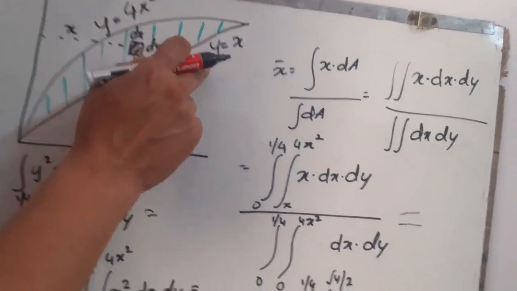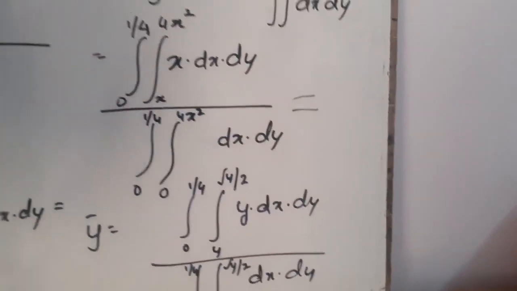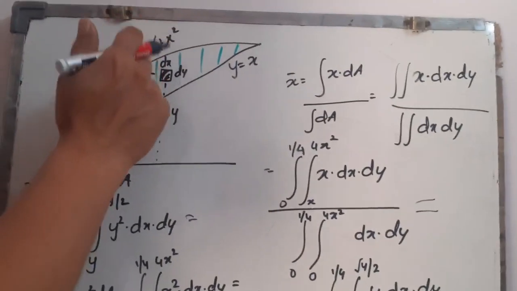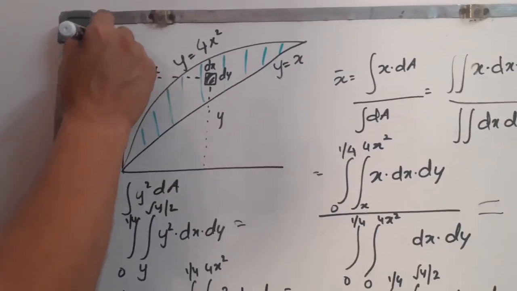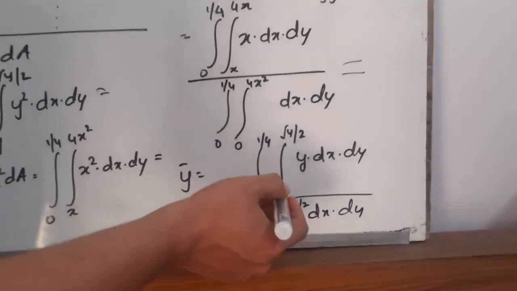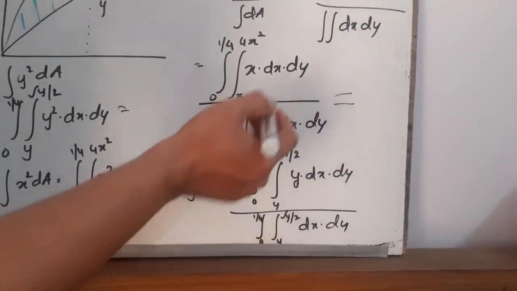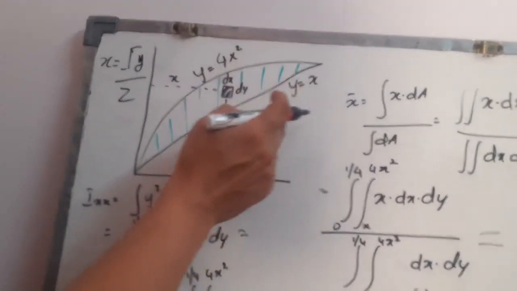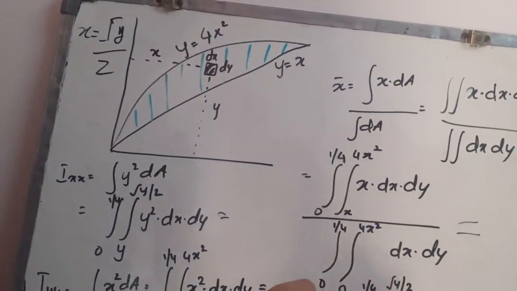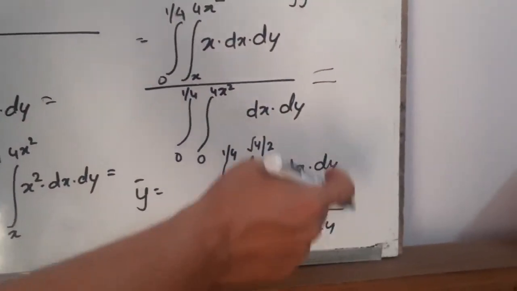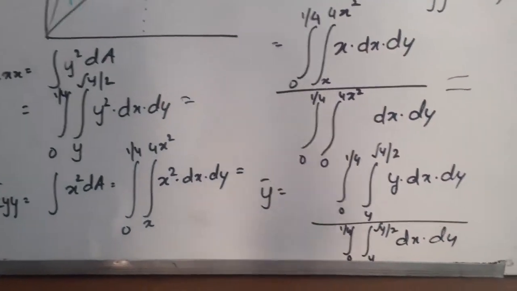The limits in terms of x: one is y, and from the parabola x is equal to under root y by 2. So x varies from y to under root y by 2, and y varies from, again equating them, 0 to 1 by 4. So these are the limits of integration, and the integration is performed accordingly.